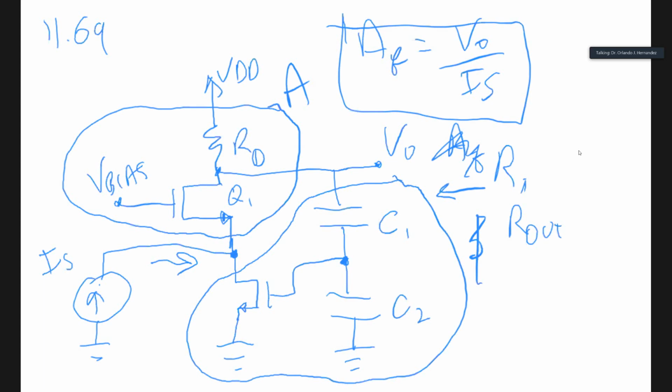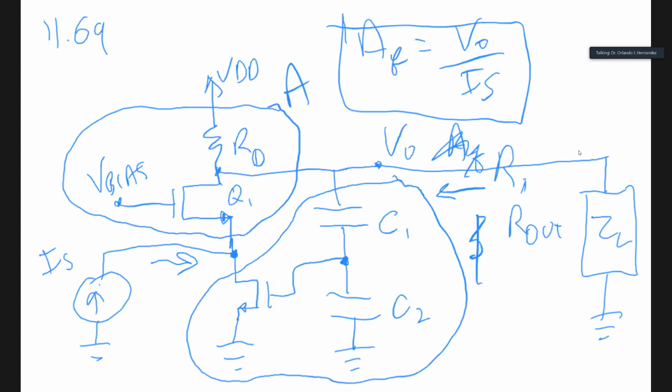They tell us that the capacitors are sufficiently small, so they really don't load the output in terms of whatever eventual load impedance you can have over here.